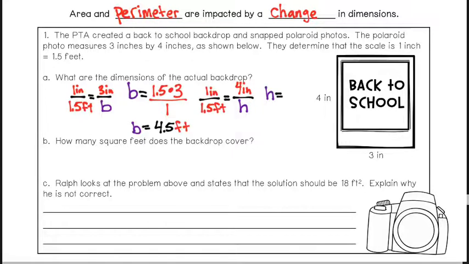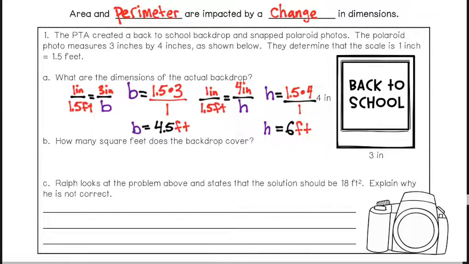So I do my cross product. That would be 4 times 1.5 divided by 1, which you should notice is identical to what we just did, but instead of using a 3, we used a 4. So instead of using a base, we used a height. That way when we cross multiply and divide, we get 6 feet.